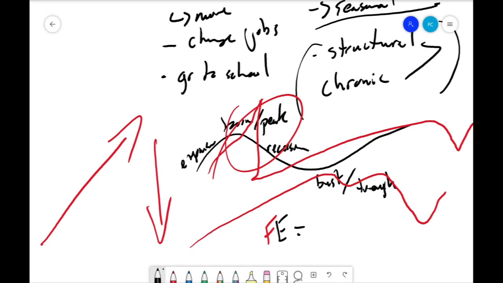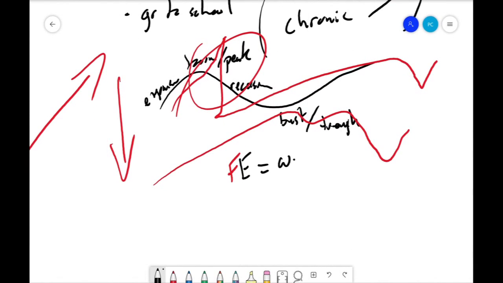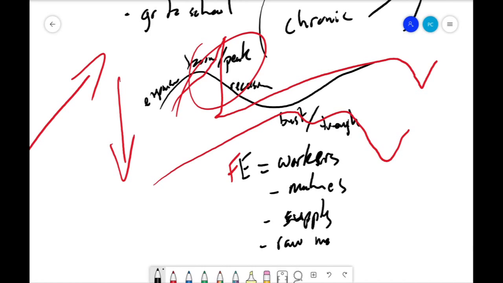Full employment, basically, not only do you need workers, but you need the machines, you need supply, right? You need raw materials, this is all depending on what it is you're talking about, but you need all these things to be working.